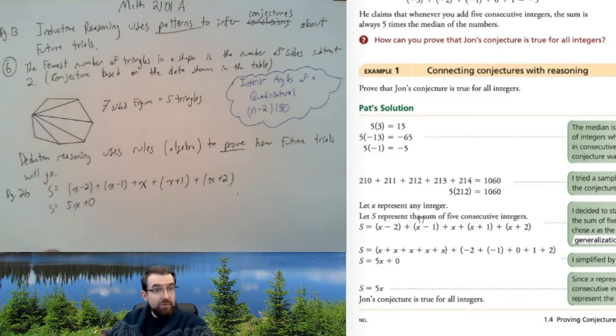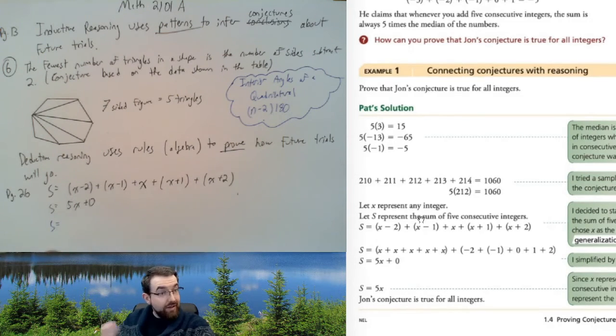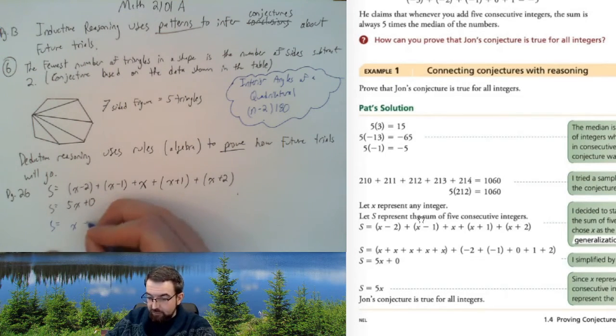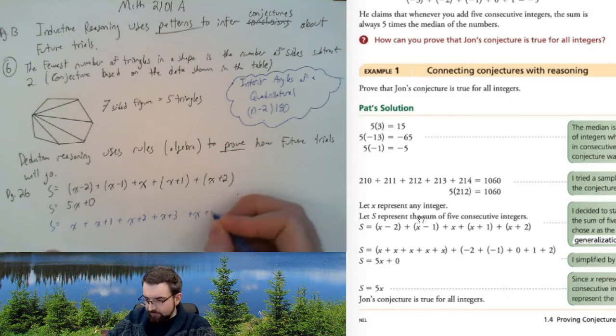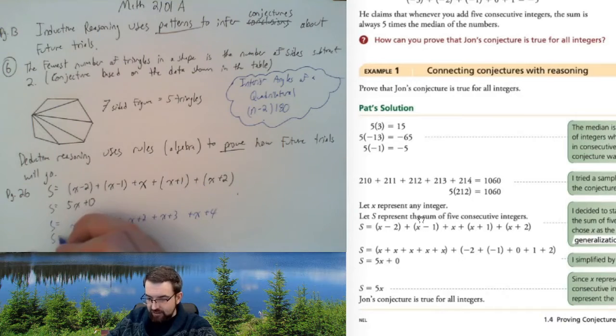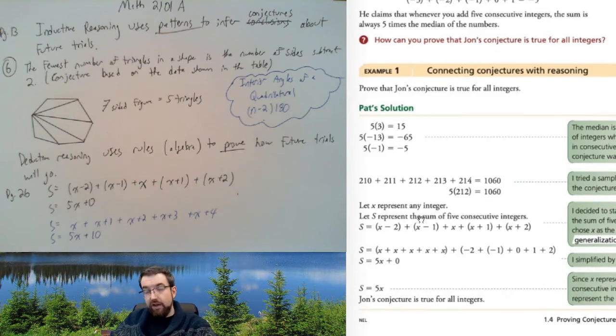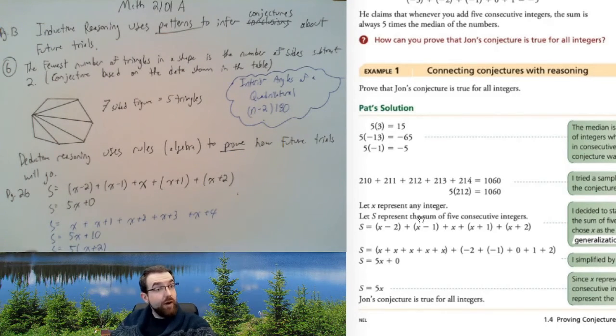Say instead I was to do what I just said there, where instead of doing the 2 on either side so they cancel out, say I did x plus 1 plus x plus 2 plus x plus 3 plus x plus 4, which are still 5 sequential numbers, right? We'll see that the sum of those is going to be 5x plus 10, which is 5 outside of x plus 2, right?